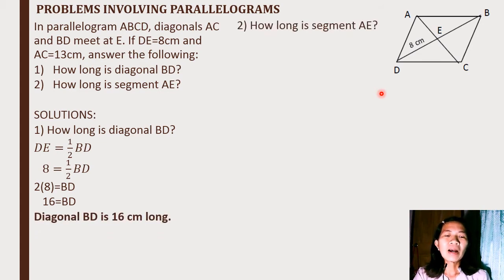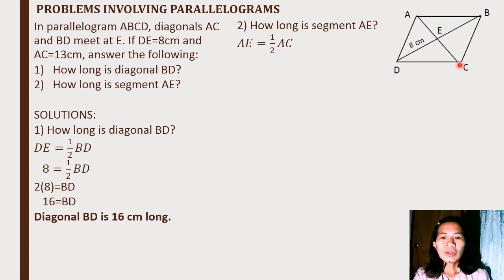Now let's have another segment to find. How long is segment AE? So we have this formula. Segment AE is 1/2 of segment AC.